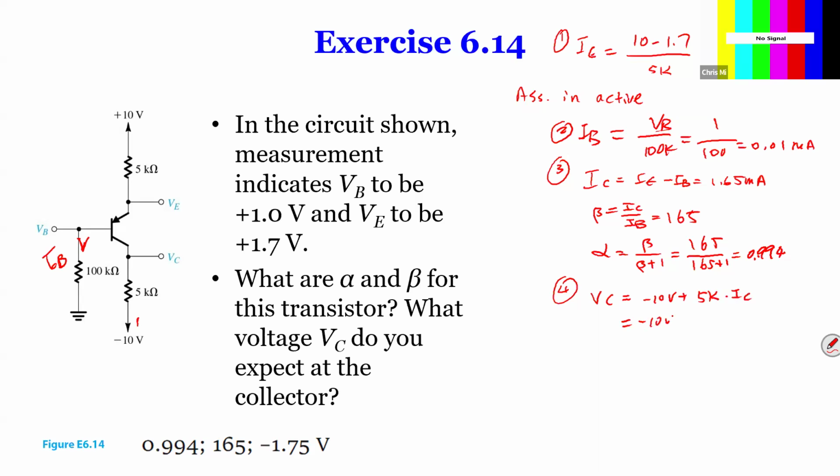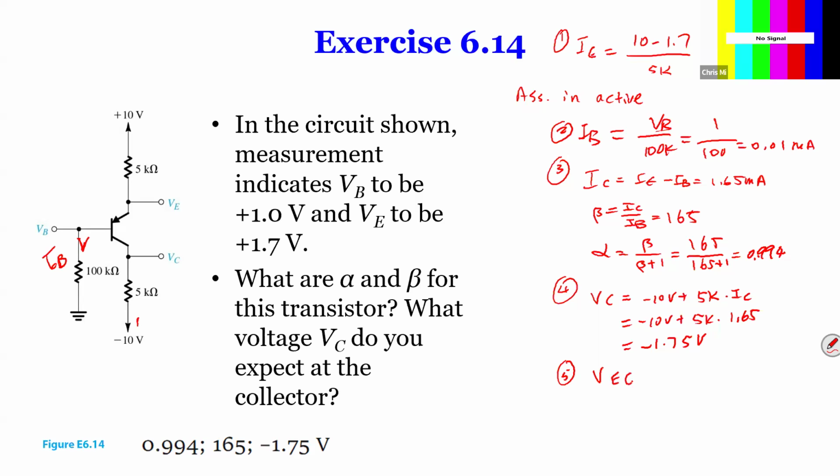So it's minus 10 plus 5K times 1.65, that gives you minus 1.75 volts.